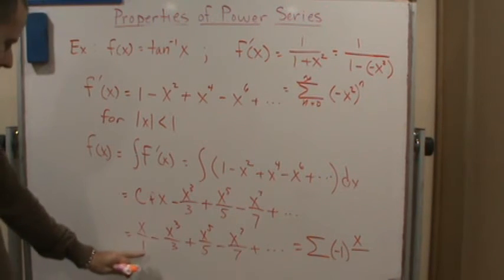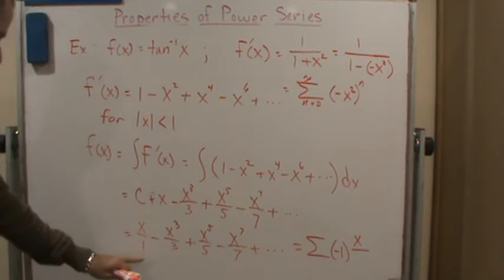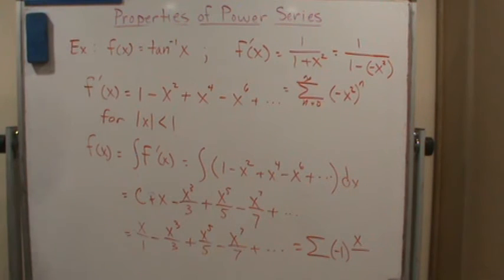So we've got all the odd powers and all of the odd denominators, odd integers, or the odd natural numbers, if you will. So how would we match this up?